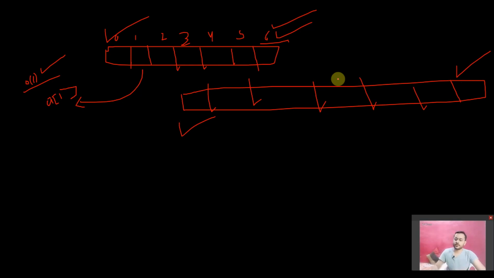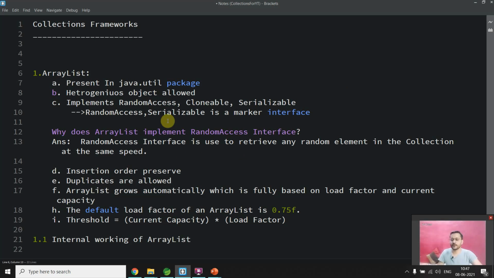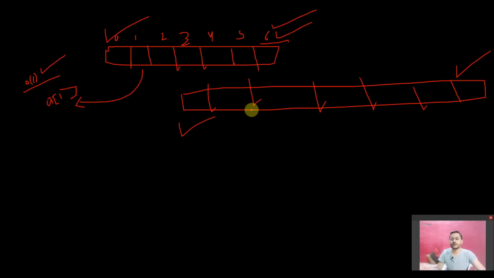Now the second thing we have written here is that it implements Serializable. What is the meaning of Serializable? If you are transferring data, or storing data into a file, you need your object in stream format, so that's why we implement it. And why implement Cloneable?